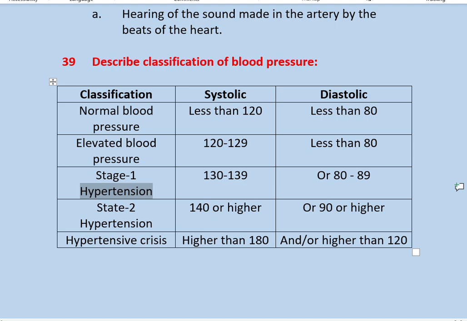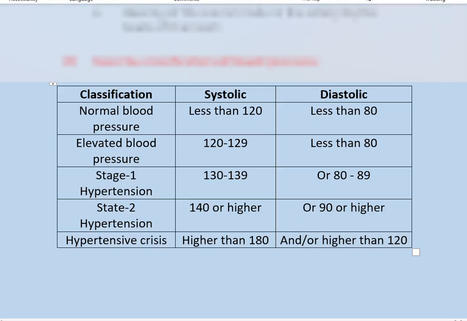Stage 1 hypertension: 130-139, or 80-89. Stage 2 hypertension: 140 or higher, or 90 or higher. Hypertensive crisis: higher than 180, and/or higher than 120.